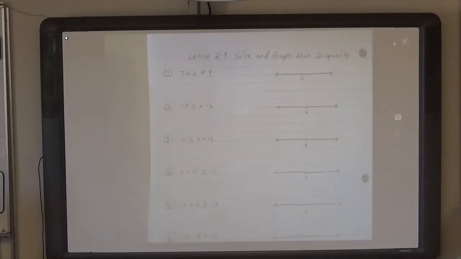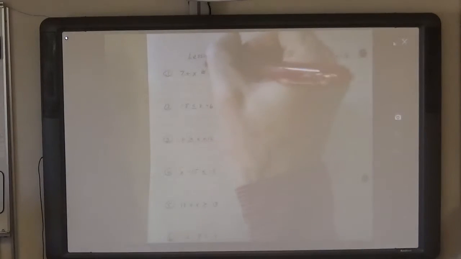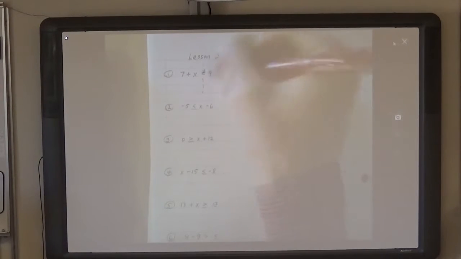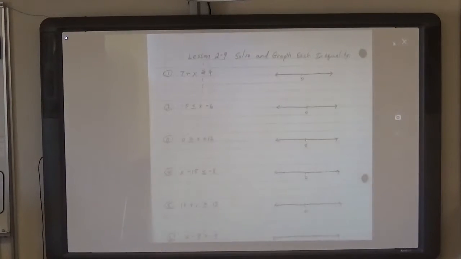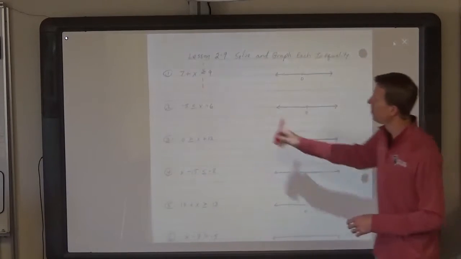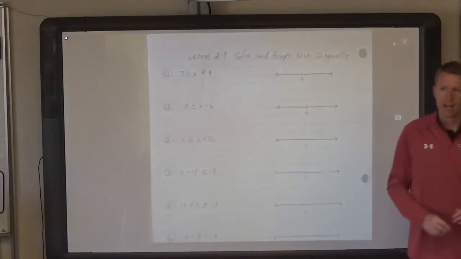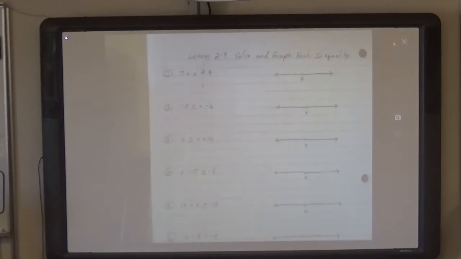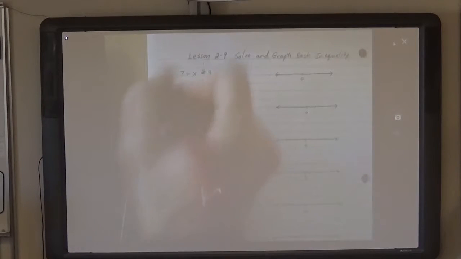Number 1. Start on the side with the variable. This dashed line represents the two sides of the equation. We're going to start on the left side. And what should we add? Since this is 7 plus x, what should we add to that side to get rid of the 7? Jen? Add negative 7.